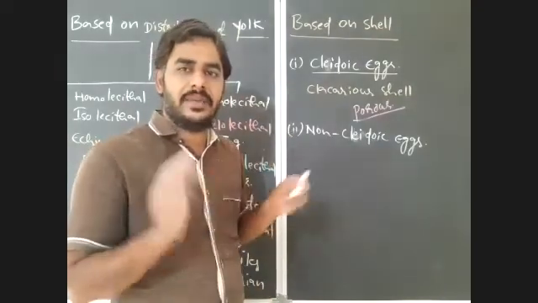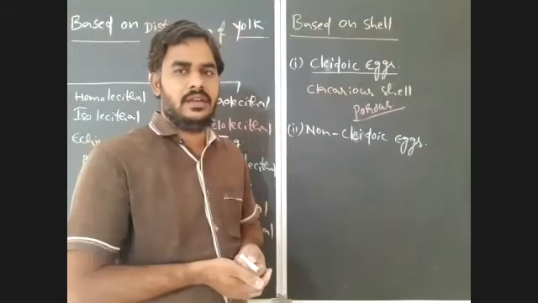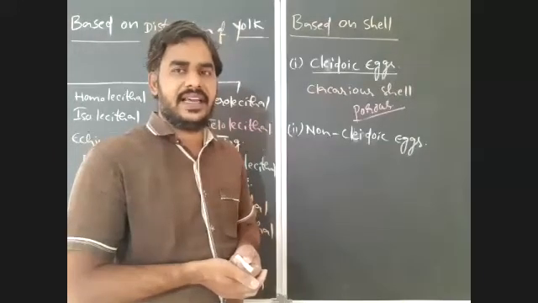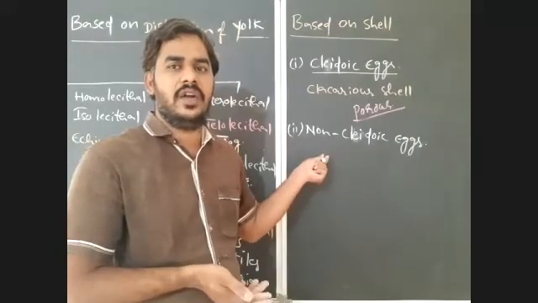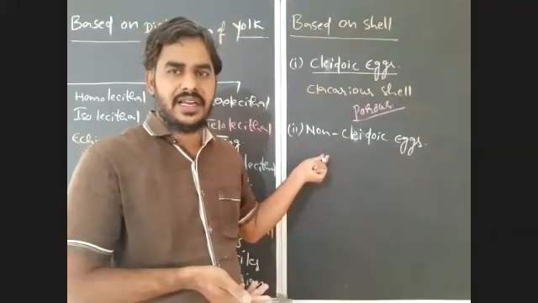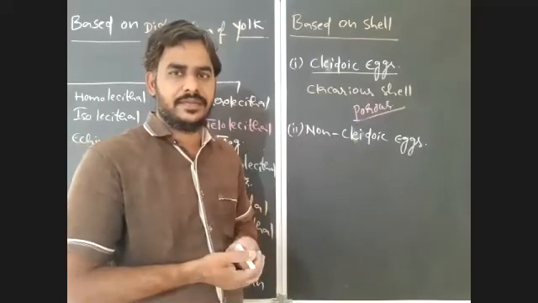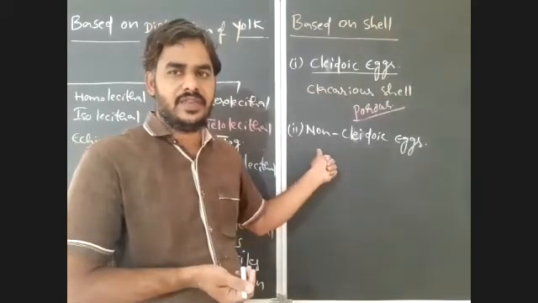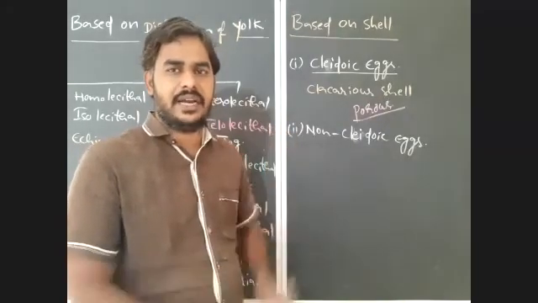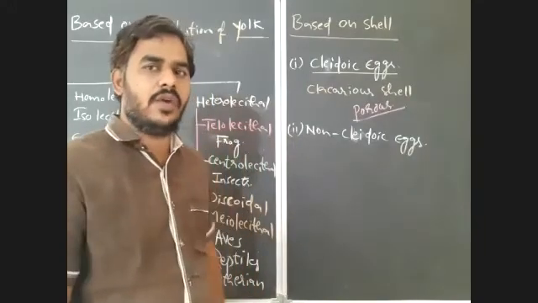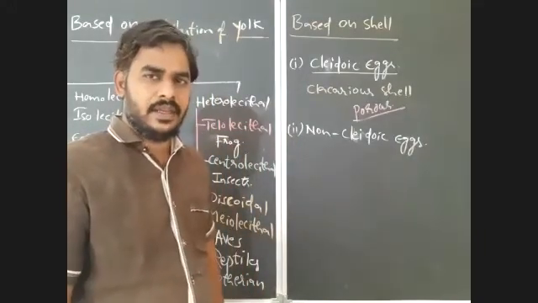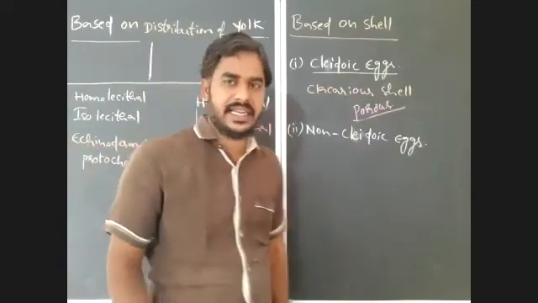The eggs are not covered by shells, right? In human beings, which type of eggs are there? Non-cleidoic eggs. In all mammals, especially viviparous mammals, non-cleidoic eggs are there, and also in ovoviviparous mammals, except in oviparous mammals, that is egg-laying mammals.